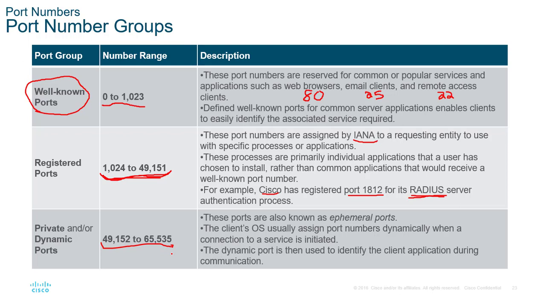Just think of it as a client talking to two different web servers. The destination port on both conversations will be port 80, so the servers know to give it to the web service. But on the source side, it'll be a random port, so that when the traffic comes back, the client knows which web conversation it goes to.